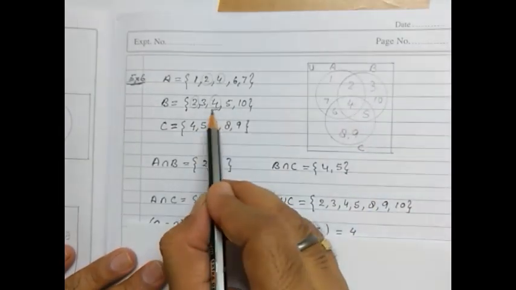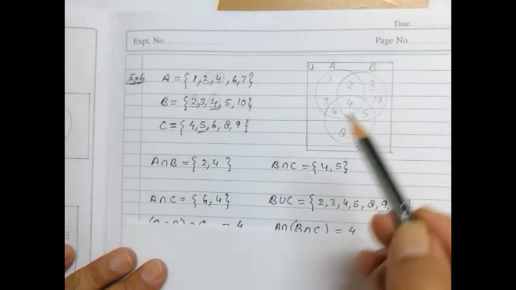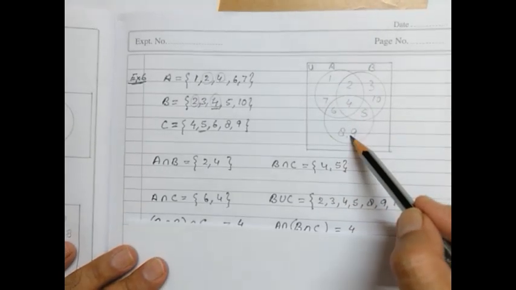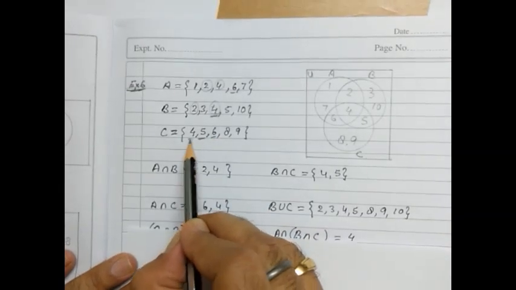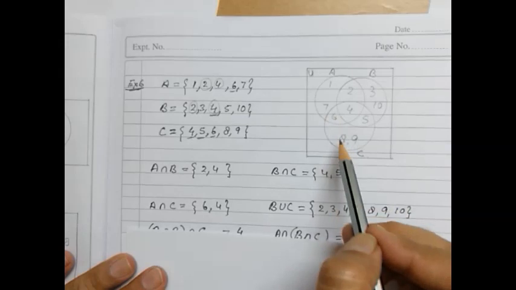So 4 and 5 are common in B and C. The elements common in A and C are 6 and 4. I see that 6 is here, 4 is here. The 4 and 6 are common between A and C.